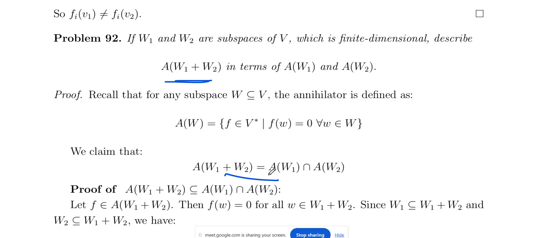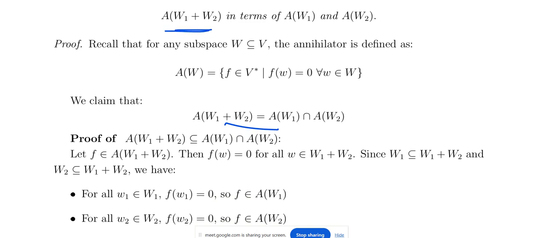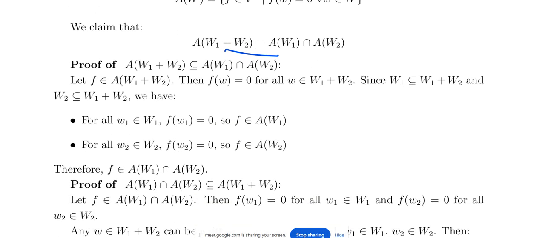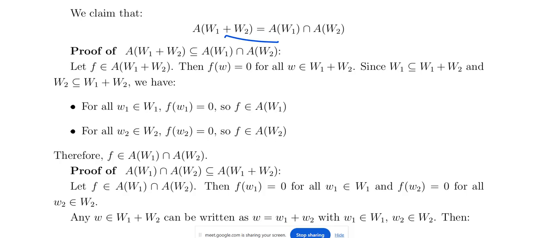So how to prove this: f belongs to A of W1 plus W2 means f of w equal to 0, w belongs to W1 plus W2, that is the idea. So the annihilator definition is: A of W1 plus W2 means f of w equal to 0 for w belonging to W1 plus W2.